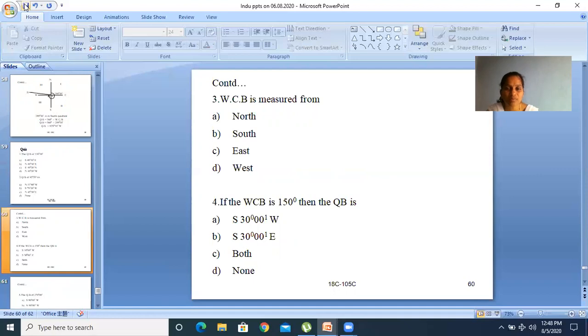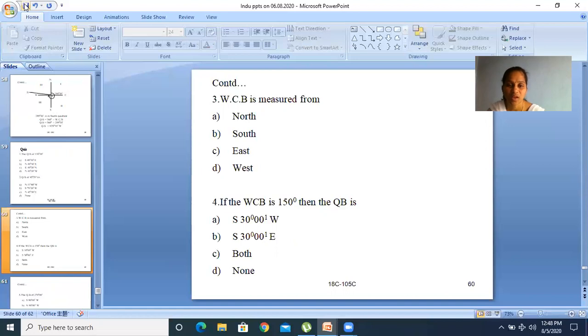WCB is measured from north, south, east, or west? From which direction? WCB is always measured from north only.